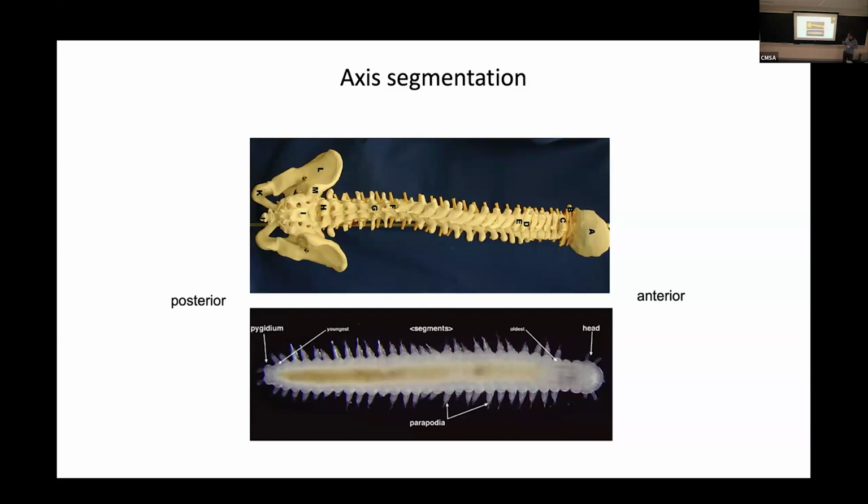To understand how this vertebral formula is implemented during embryogenesis and how it varies across evolution, it's important to understand how segmentation works. So I will start with this.